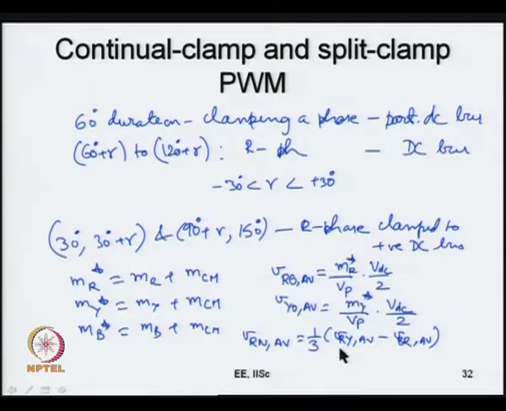Now, if you take VRY average minus VBR average, and take 1/3 of that, you are going to result in VRN average. So, when you do a VRY average itself, let me just clear up this part to discuss that.